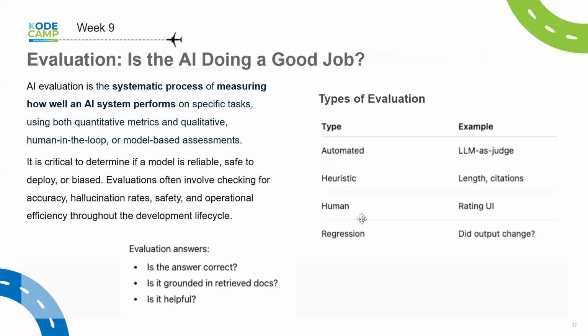If you look at a lot of the copilots that we are using these days, you find that there's always a thumbs up button for you to decide what rating is to be given to that application. That's how we can get user feedback.